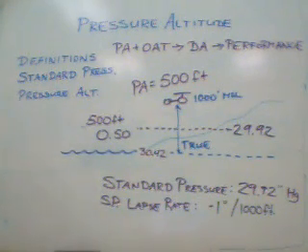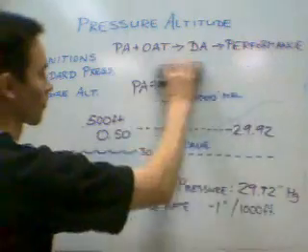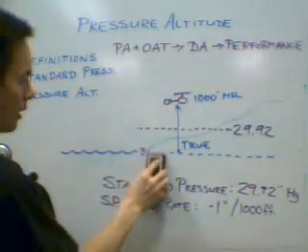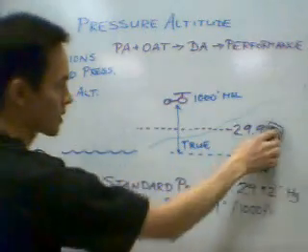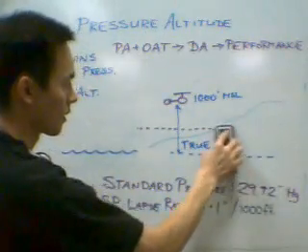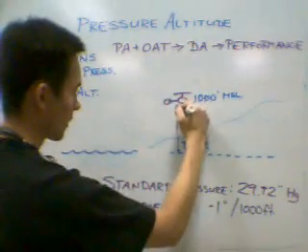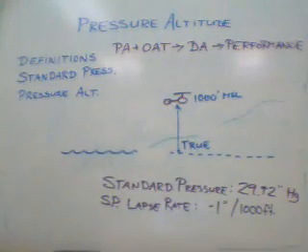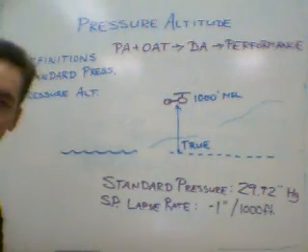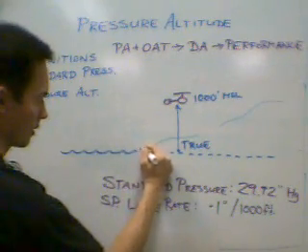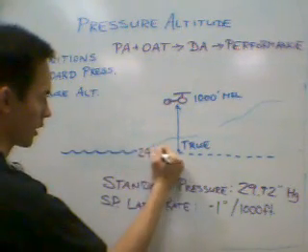Let's look at one more example. Let's look at the opposite case of a low pressure day. Now the weather's getting worse. It's probably rain on the way. And the sea level pressure on this day is 29.82.